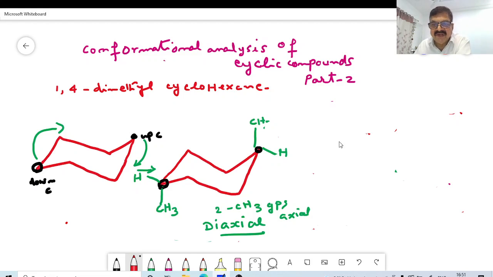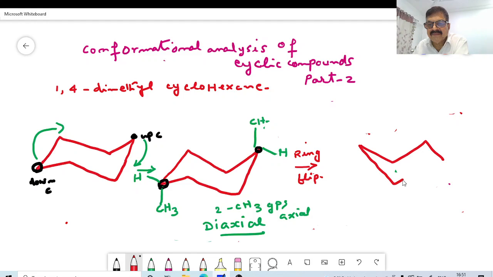Thereafter we'll have to do this ring flip. So now this down carbon has become an up carbon, and that up carbon has become a down carbon.